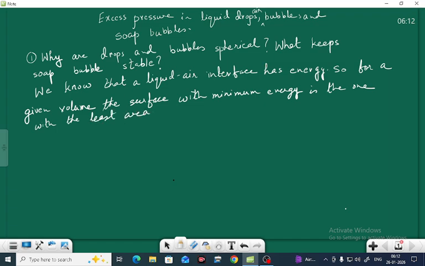This is important. So for a given volume, the surface with minimum energy is the one with the least area. The sphere has this property.